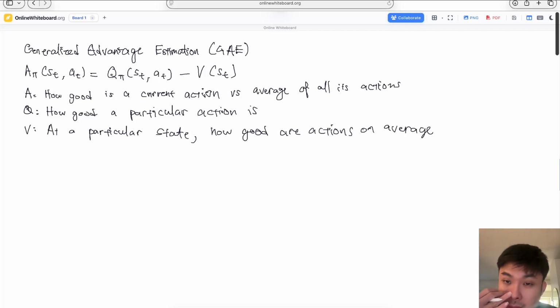Now let's define it more formally, mathematically. Let's say we have some Q of some state and action.